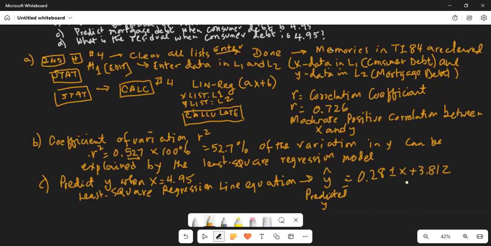So this is your least square regression line equation. Now I've been given x is 4.95.